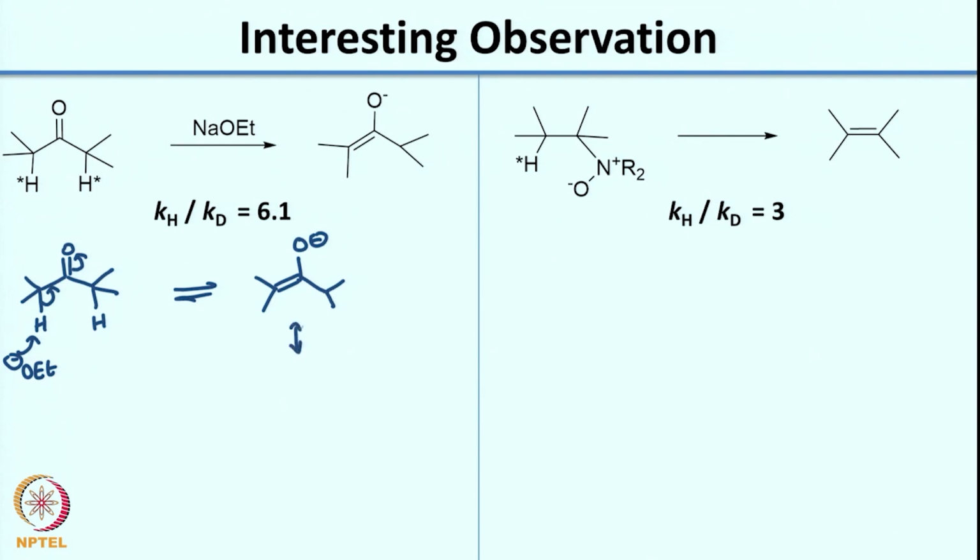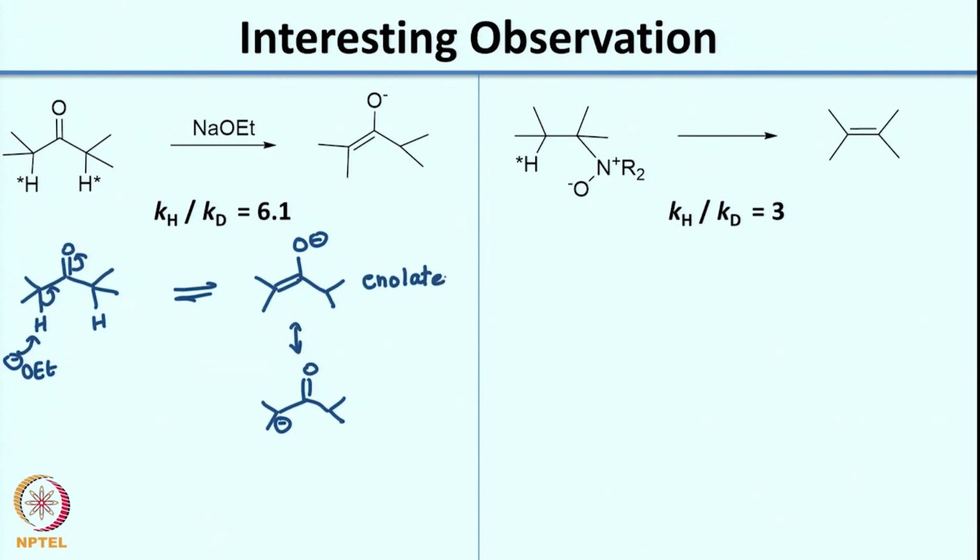Of course its other resonance structure is a carbanion, and of course this is the more contributing structure because you have a negative charge on electronegative oxygen.